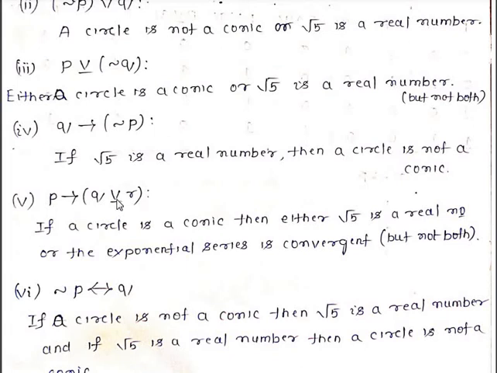Also, you have to use either and or here, but not both. So if a circle is a conic, then either square root of 5 is a real number or the exponential series is convergent, but not both. It means the same.